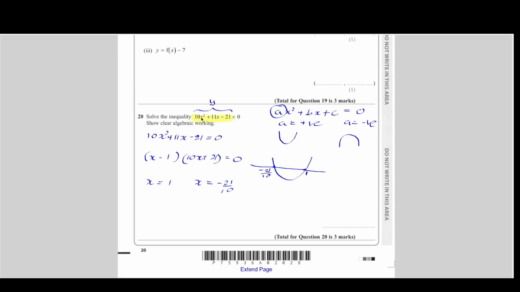If I write this as an equation, I can write y equals 10x squared plus 11x minus 21. This represents y, right? Therefore, I can write the inequality that y should be smaller than 0.